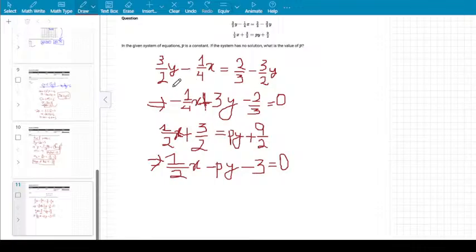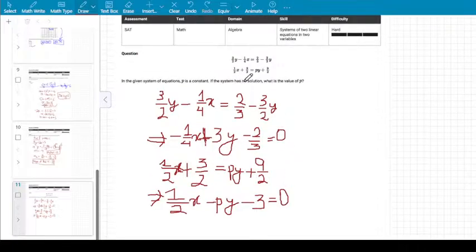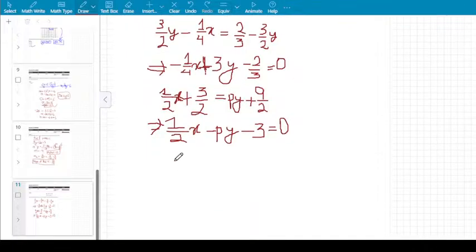Now we've got both of these equations in the standard form, so we'll compare the coefficients, and since the system has no solution, we'll have this condition: a1 by a2 is equal to b1 by b2 is not equal to c1 by c2.